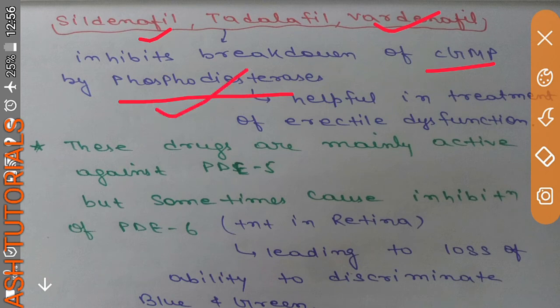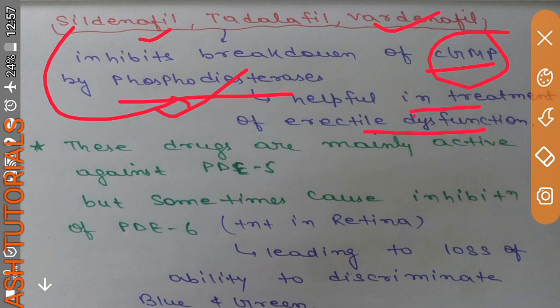So these drugs will inhibit phosphodiesterase, prolonging the life of cGMP, and as the life of cGMP increases, it will lead to more activation of myosin light chain phosphatase, which will lead to the relaxation of smooth muscle, which will lead to the erection. So it helps in the treatment of erectile dysfunction. Okay, Sildenafil, Tadalafil and Vardenafil.